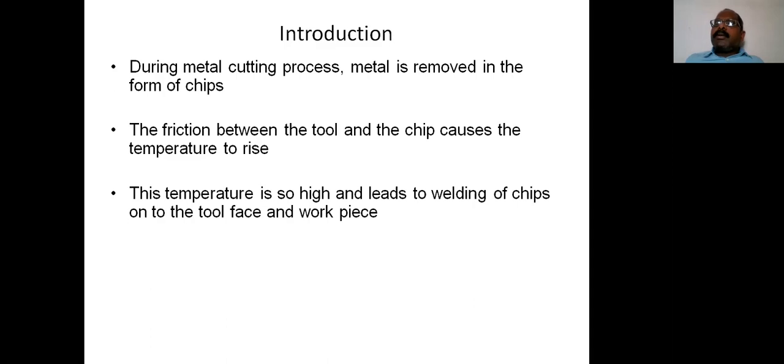The basic requirement is heat. With the help of heat, with or without applying force, or with or without filler material, if two metals are joined, that process is called welding. So once again, I explained to you the meaning of welding.